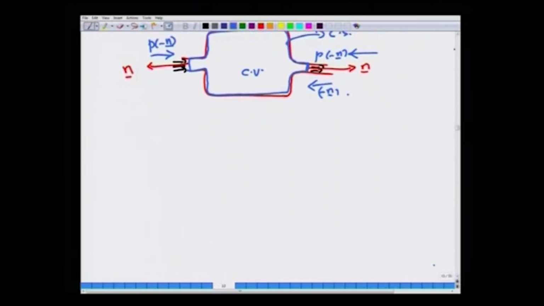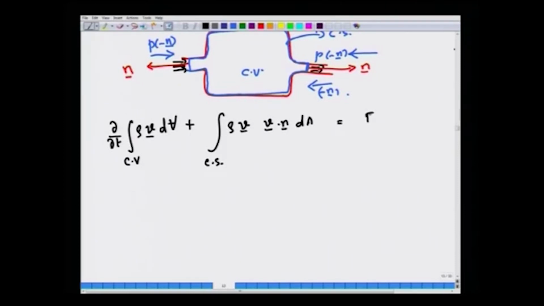So, it is good to be aware of it. Another thing to understand: let me just write down for your convenience the momentum balance again. After using the Reynolds transport theorem, the derivative of the integral over CV of rho v dV plus the integral over CS of rho v (v dot n) dA is Fs plus Fb.